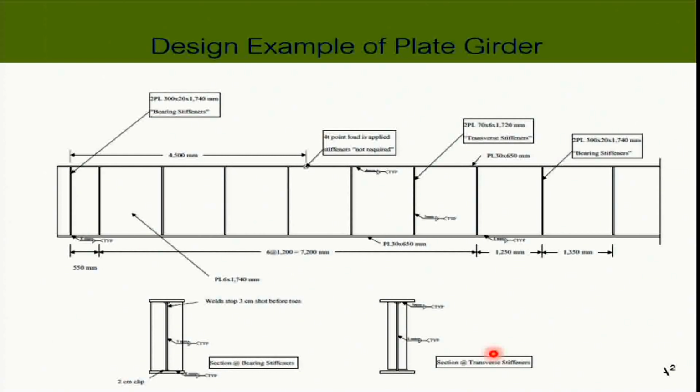Generally, the plate girder stands on some support. So maybe this is where the bearing plate is, and this is just the portion that extends beyond the support. So in fact, the support is here, okay?